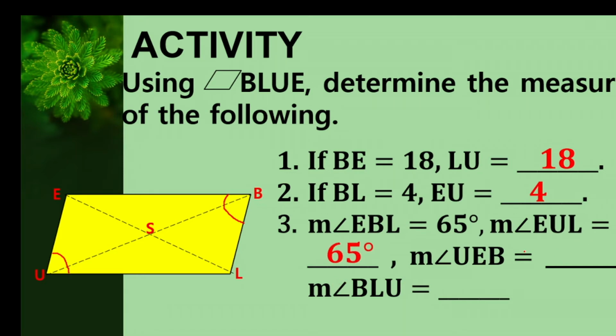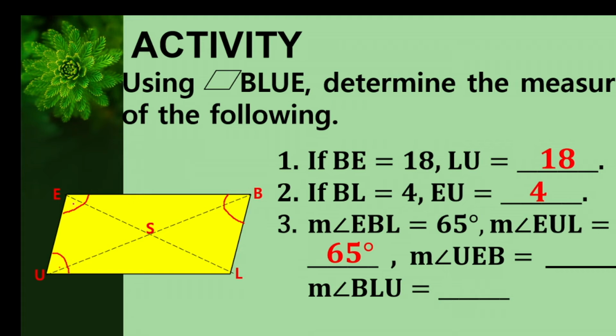Next, what would be the measure of angle UEB? Angle UEB is here. Take note that angle UEB and angle EBL are consecutive angles. Therefore, based on the second property, consecutive angles of a parallelogram are supplementary.